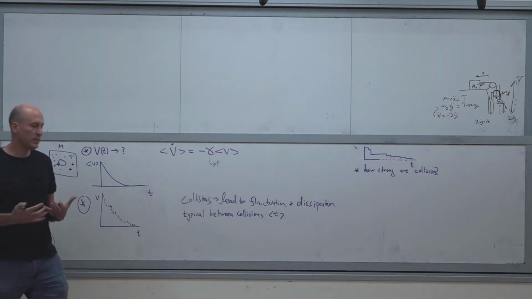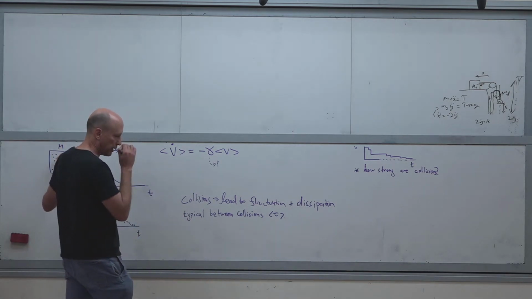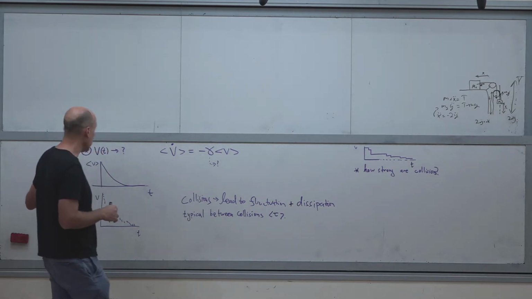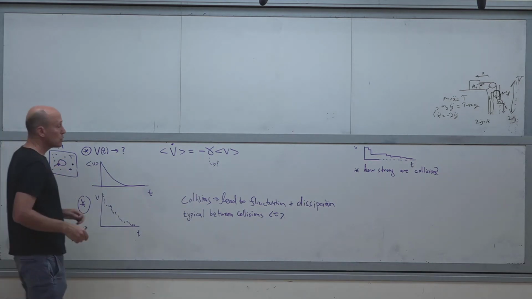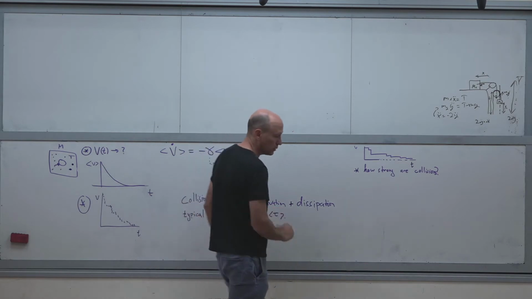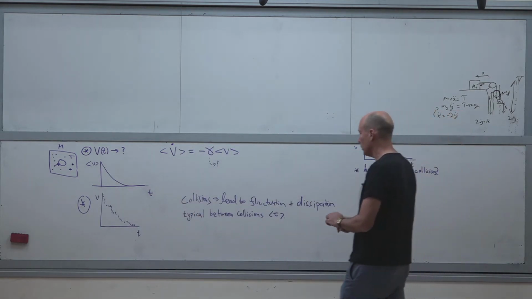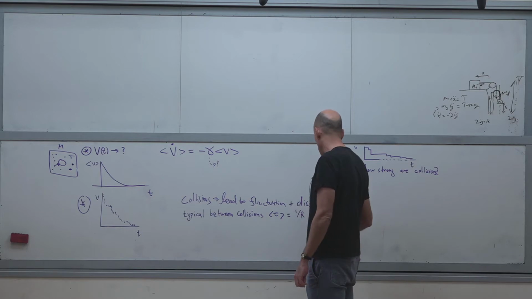This average time itself is complicated because it depends, for example, on the size of the particles. It depends on the temperature, because if the temperature is high, then these particles will move faster, and they will collide more often. So this by itself is going to be a complicated function, which we are not going to deal with, because we want to deal with some of the problems and not with all of them. And this I'll later denote by 1 over R, so R is the rate of collision.